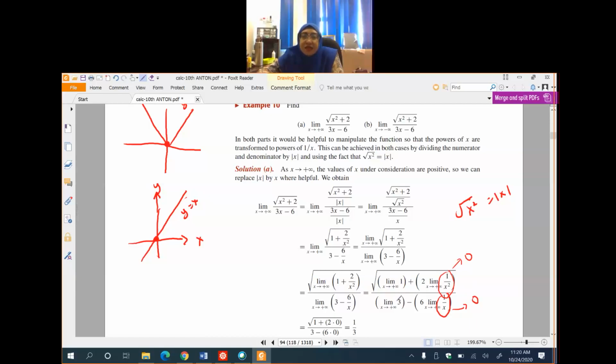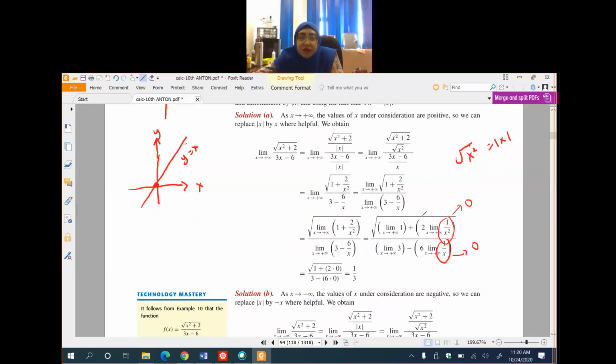Limit of 3, as x tends to plus infinity, will be 3. Then you simplify: 1 plus 2 multiplied by 0, divided by 3 minus 6 multiplied by 0. So the answer will be 1/3.